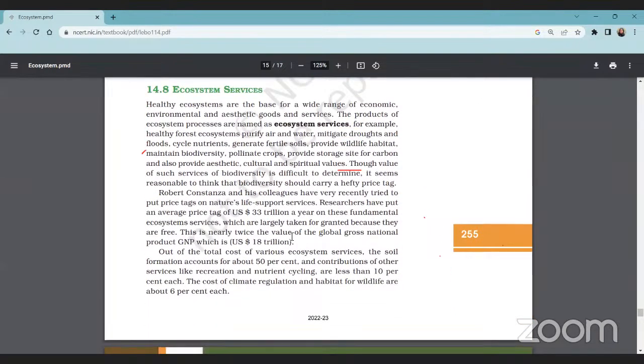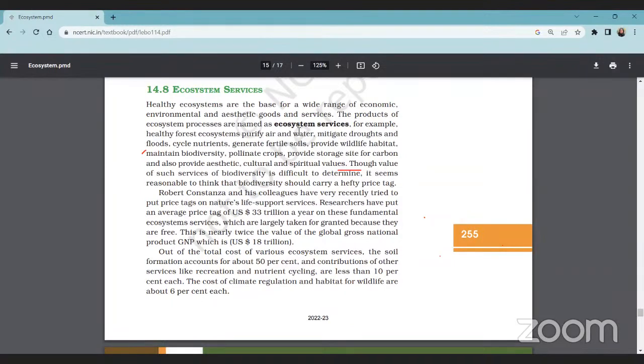And ecosystem services. Healthy ecosystems are the base of a wide range of economic, environmental and aesthetic goods and services, and the products of the ecosystem process are named ecosystem services. Healthy forest ecosystems purify air and water and mitigate droughts and floods.